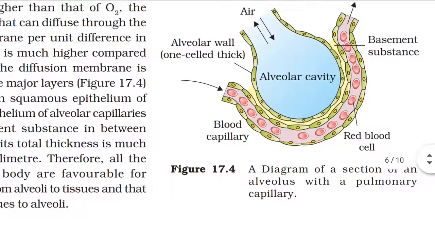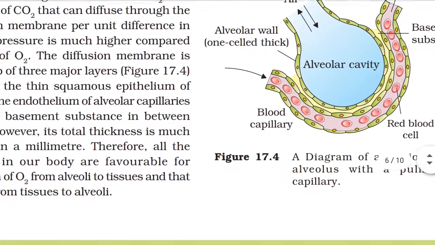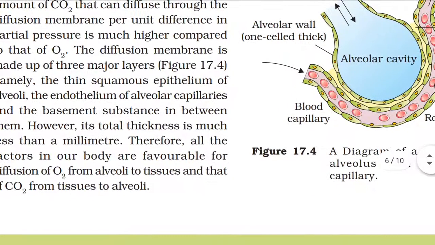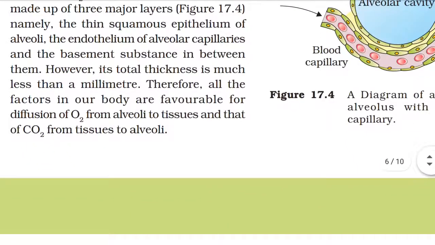Here you can see the alveolar cavity. Here we have the thin one-celled thick squamous epithelium, and the basement substance and endothelium of the alveolar capillaries. The total thickness is much less than a millimeter.